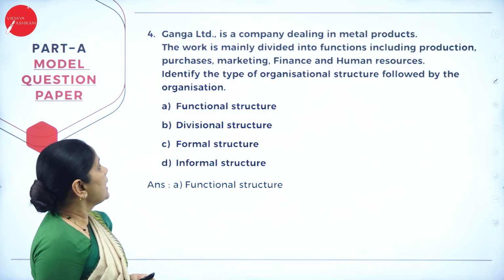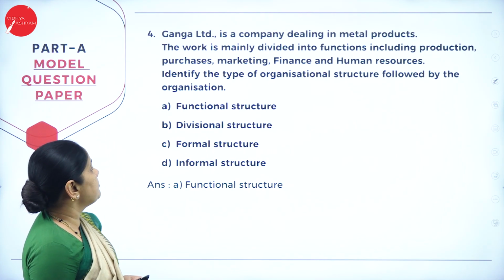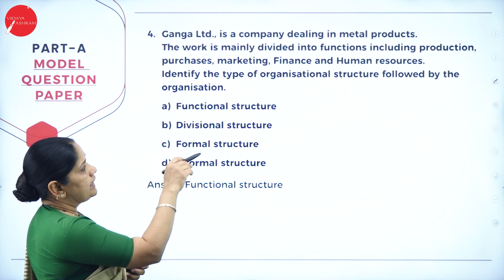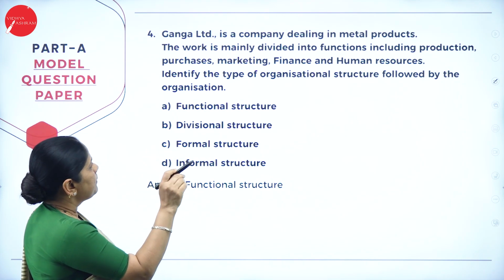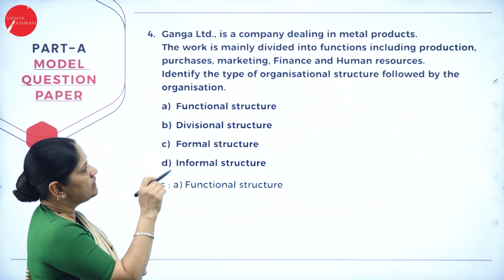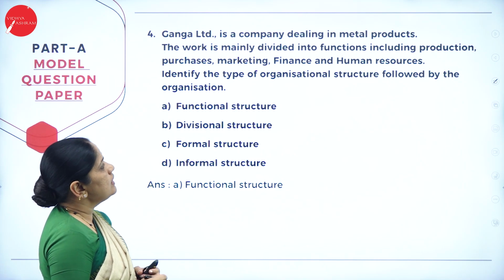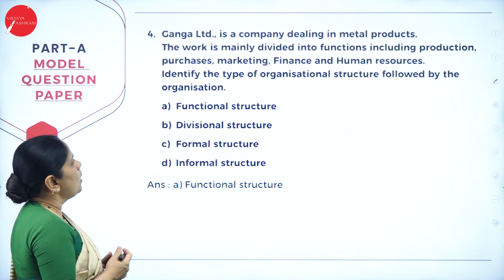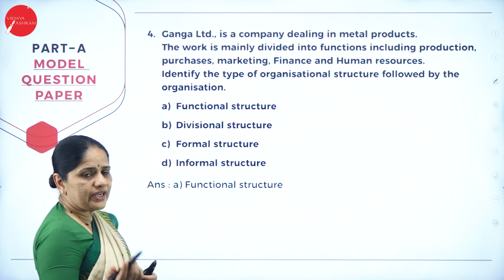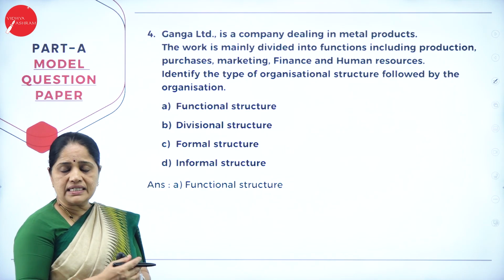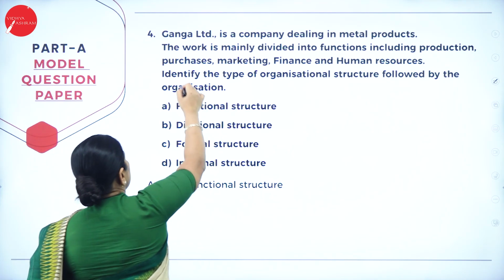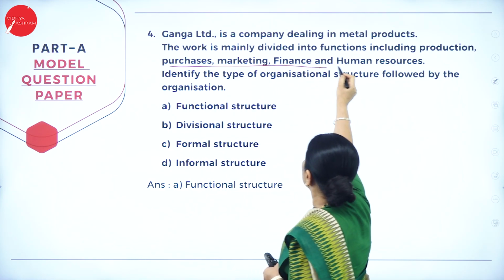Then fourth one, Ganga Limited is a company dealing in metal products. The work is mainly divided into functions including production, purchases, marketing, finance and HR. Identify the type of organizational structure followed by the organization. Now, you can see that the entire company is divided on the basis of the functions.